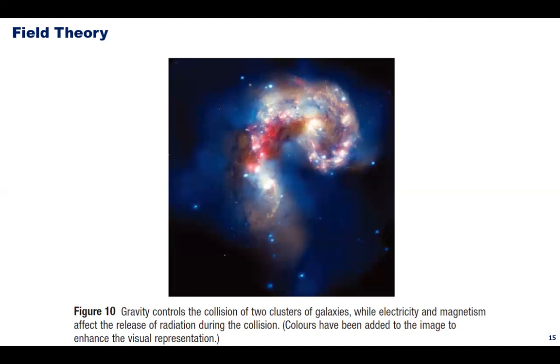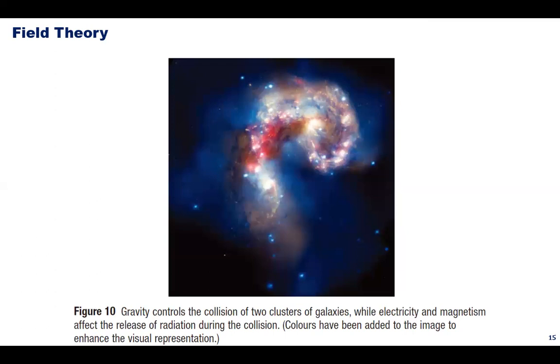So how do we create an understanding of the gravitational, electric, and magnetic forces? We need a scientific model that describes different types of forces that exist at different points in space. And field theory does that.